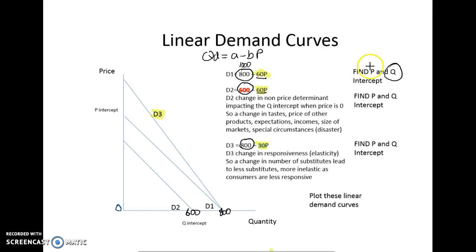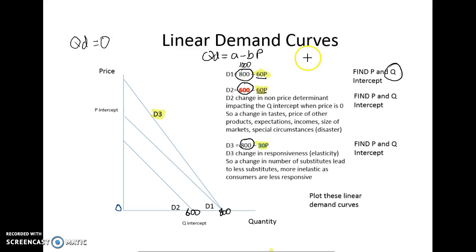Okay, so we know the q-intercept is going to be the a variable. It's always going to be along here, so that's worked out. The p-intercept though, where these lines cross the price axis, we need to work out next. So let's scrub those out. Basically we need to set quantity demanded to 0.